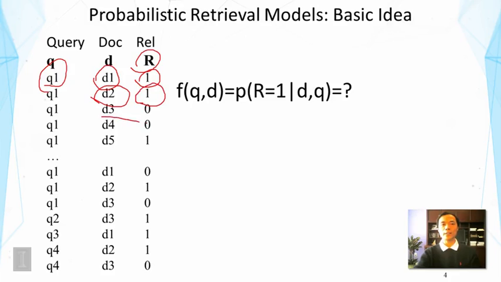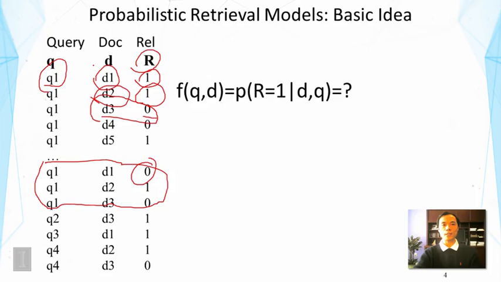On the other hand, D3 is non-relevant. There's a 0 here. And D4 is non-relevant. And then D5 is again relevant. And so on and so forth. And this part may be data collected from a different user. So this user typed in Q1 and then found that D1 is actually not useful. So D1 is actually non-relevant.